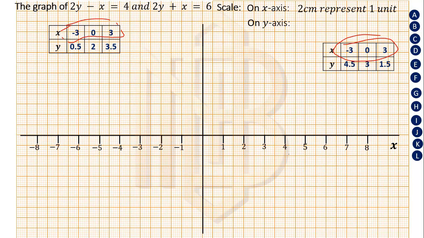Now for the y-axis, if you want to determine the accurate scaling, the first thing we have to check is our axis. The set of values that we have there, 2 centimeters to represent 1 unit, will be suitable for our y-axis.